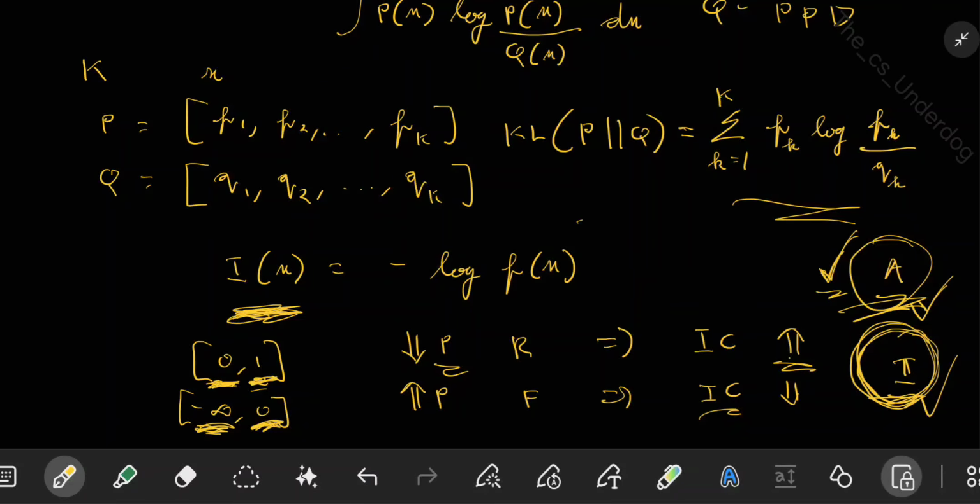So this is how this particular formula works, minus log p of x. This is a very good way to represent information content. Information content can also be called surprise. Surprise is a better way for you to understand that if probability is less, information content will be higher, right? So your surprise or information content is minus log p of x.